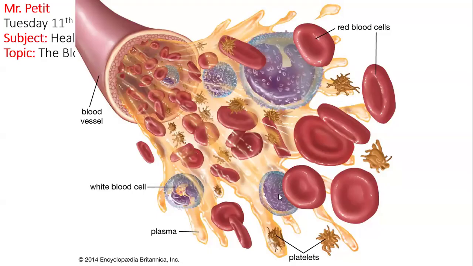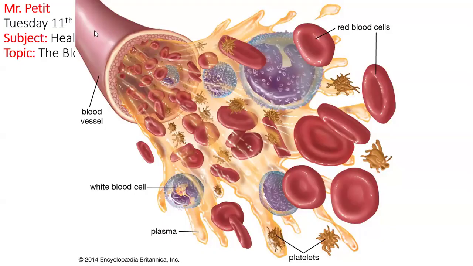All right, so this is blood. Blood is made up of these different parts, right? All of this is blood, and obviously you have the blood vessels. This would be what? Artery or vein? It's an artery because it's red.